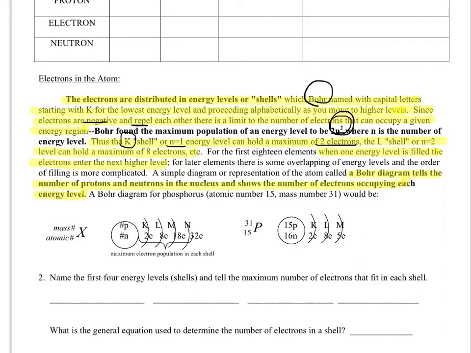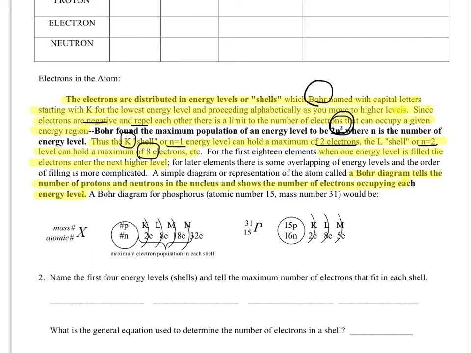Great. Okay, so then the L shell, the next shell out, a little bit further away from the nucleus, it's the second energy level, right? So we'll plug in a 2 into that formula, and we get that it can hold 8 electrons, and so on and so forth, and this actually works. Okay?